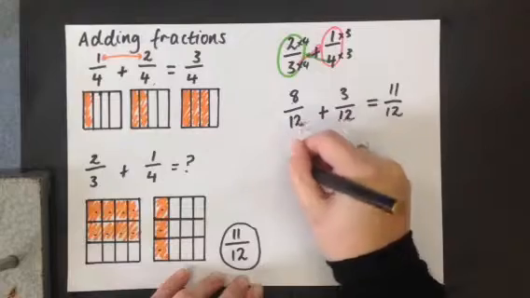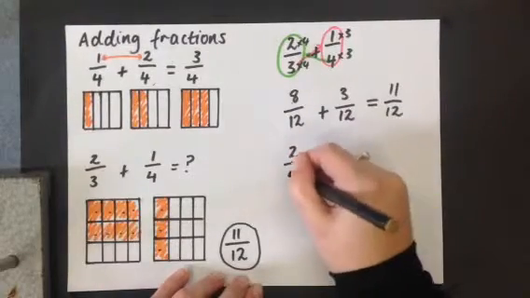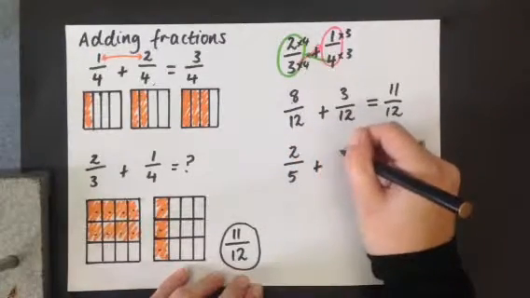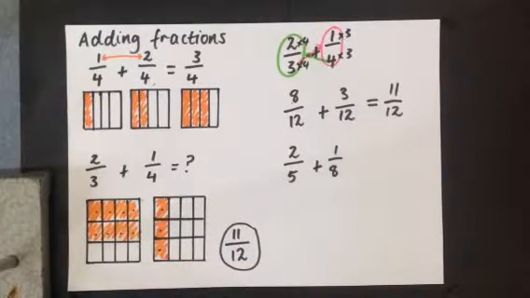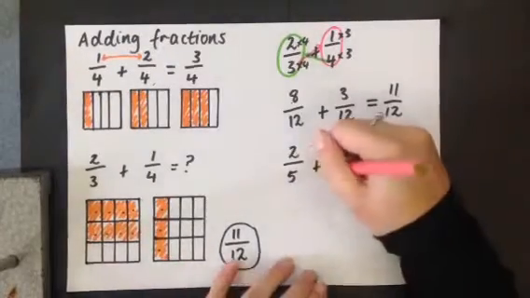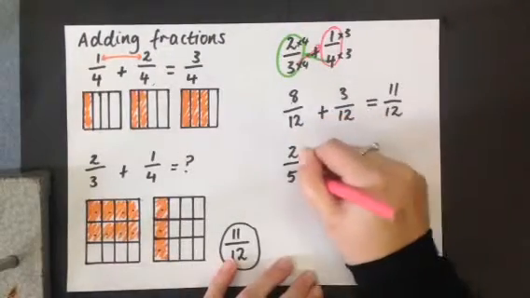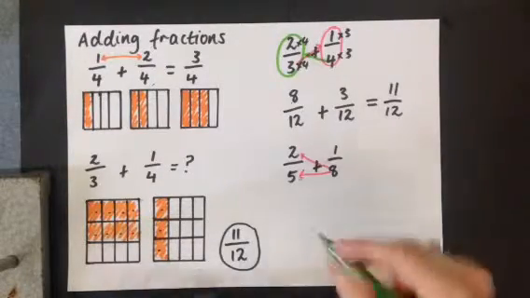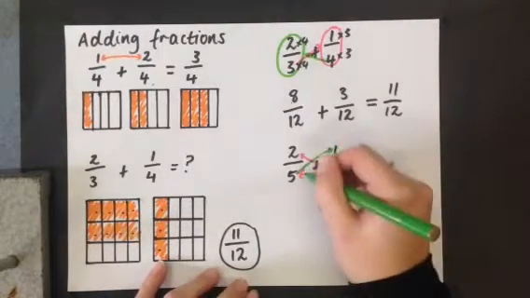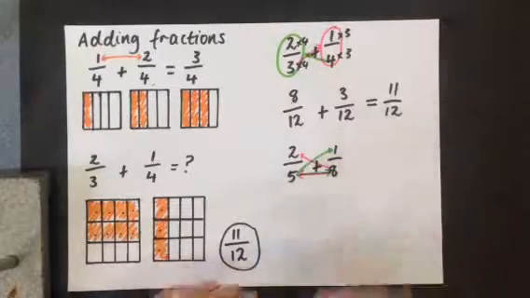So if I did 2/5 plus 1/8, both the numbers over here are going to be times by 8, and both my numbers over here are going to be times by 5.